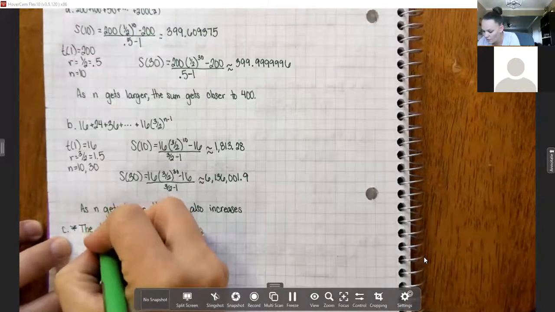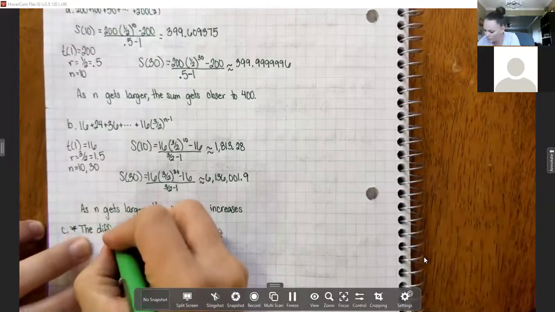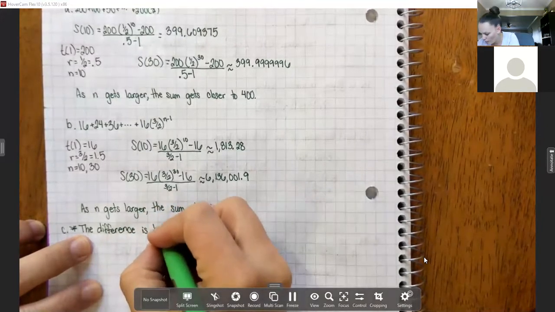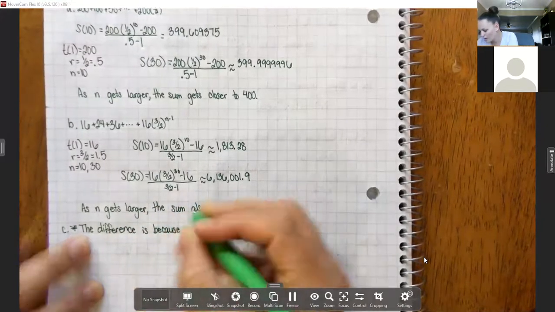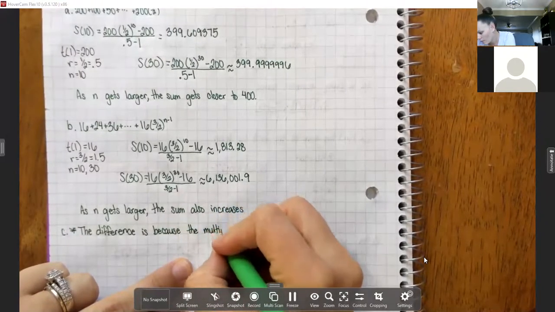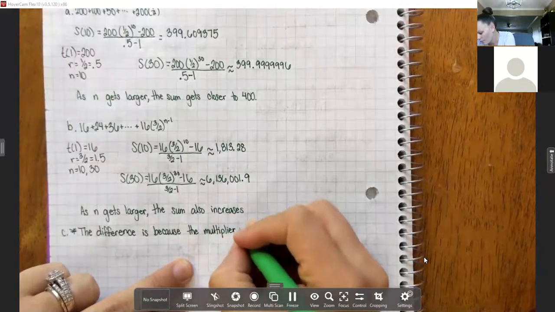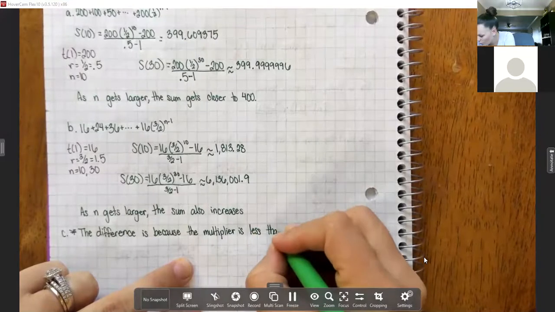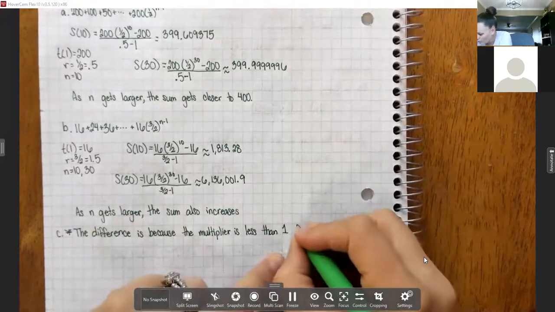So here the difference is because the multiplier is less than 1 for part A.